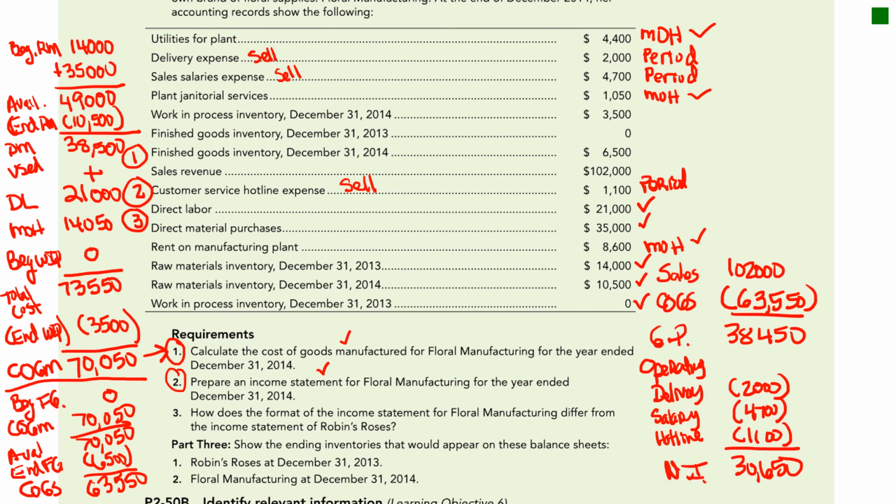Okay, so just remember, this cost of goods sold, that's your product cost expense, that's your inventory expense, and then these three right here, and everything else is basically your period cost. Now, again, you can refer to the solution manual. It has all this typed up in a nice little presentation format, and hopefully you can follow these steps and understand how to get to the final answer.